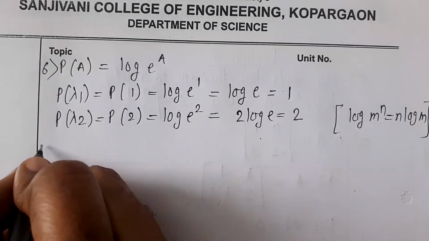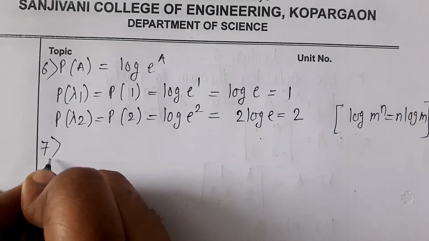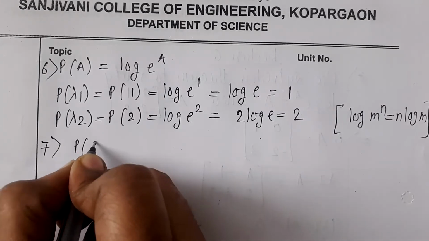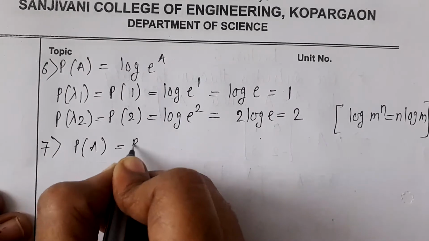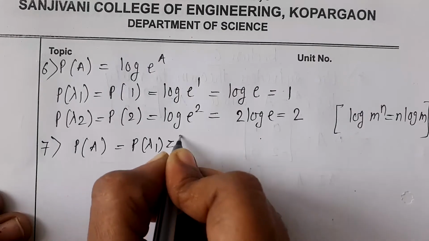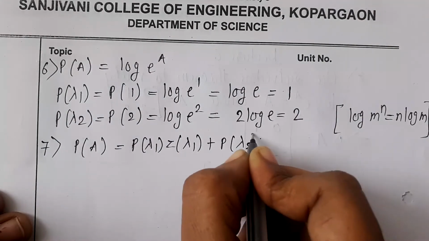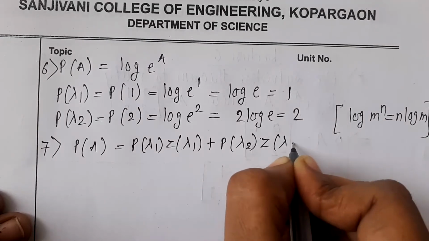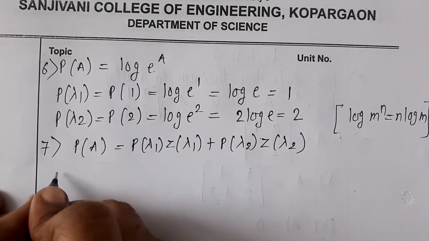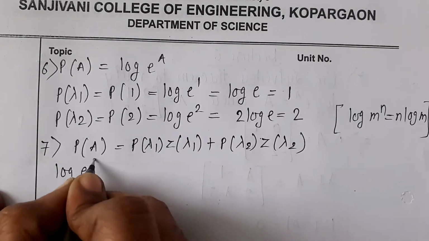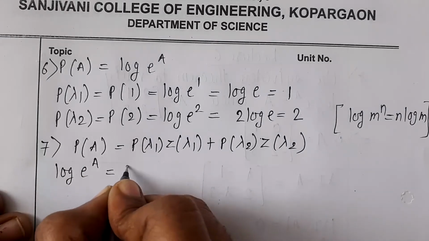Next, use the statement of Sylvester theorem. P of A is equal to P of lambda 1 into Z of lambda 1 plus P of lambda 2 into Z of lambda 2. What is P of A? Log of e to the power A. P of lambda 1 is 1.